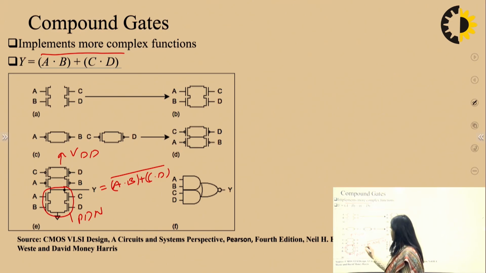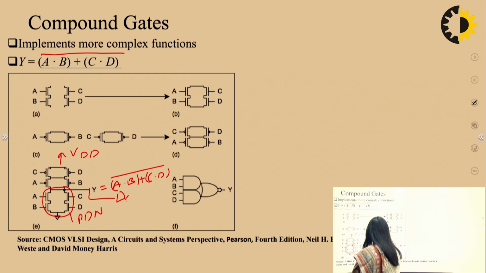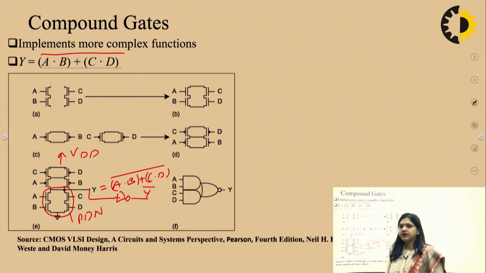If I want that this whole bar is not there, then definitely I have to pass this Y through an inverter. So here you will get Y bar. So this is how, by adding one additional inverter at the output, you can implement the CMOS implementation of any Boolean function. So this is how you can implement any logic circuit.